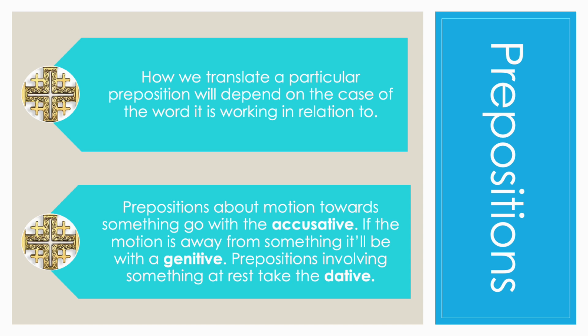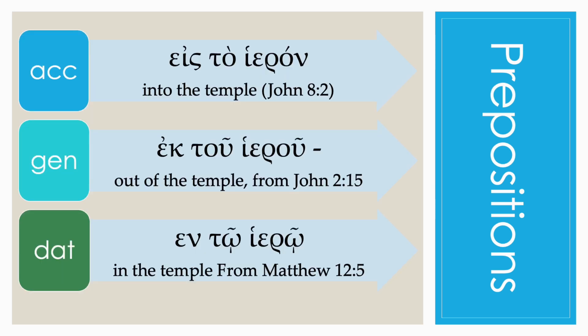If the motion is away from something, then that word will be in the genitive. And if it's a stationary object, an object to the side, again either physically or in concept, then it's usually put into the dative. So let's put those into some examples so you can see what I'm talking about.